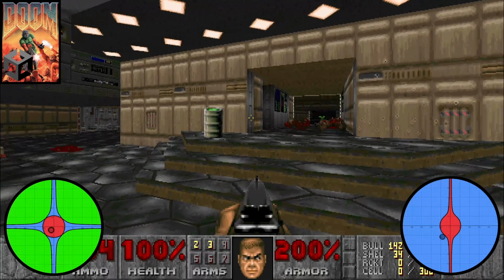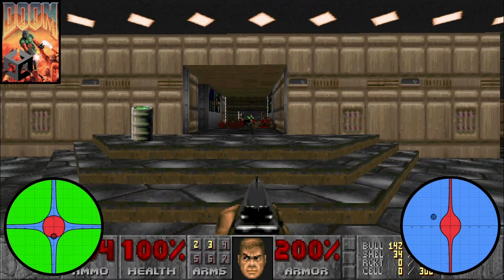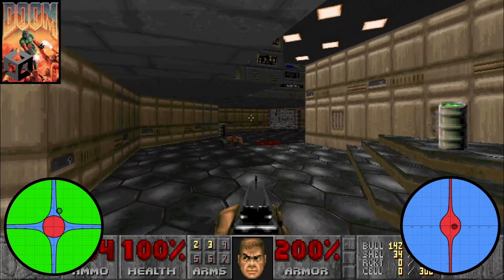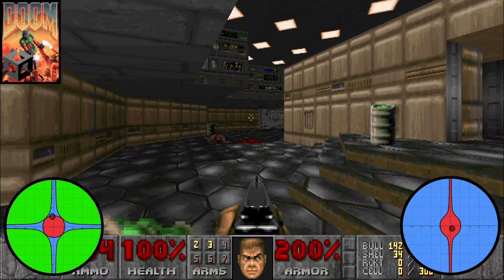And overall, this is pretty comparable to the PC BFG edition, except that the movement dead zone has been made quite a bit smaller, which is pretty nice.